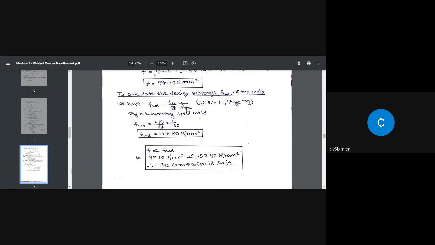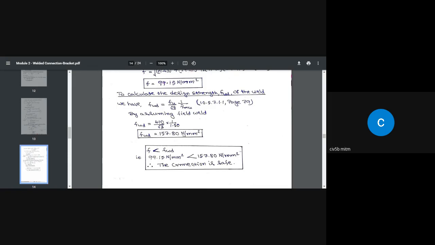If it is shop weld, you take gamma mw equal to 1.25, and if it is field weld, you take gamma mw equal to 1.50. If nothing is given, on the safer side I'm going to take the field weld, that value equal to 1.50.